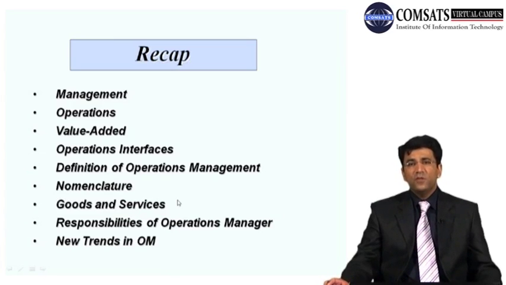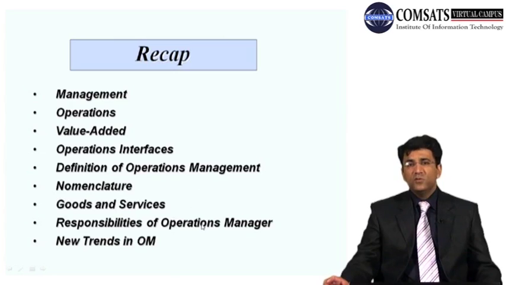Then we discussed the different terminologies which have been used in literature and in the past for operations management. These terminologies include production management, operations management, production operation management, and also operations research. And we also discussed some of the differences between operations research and operations management.